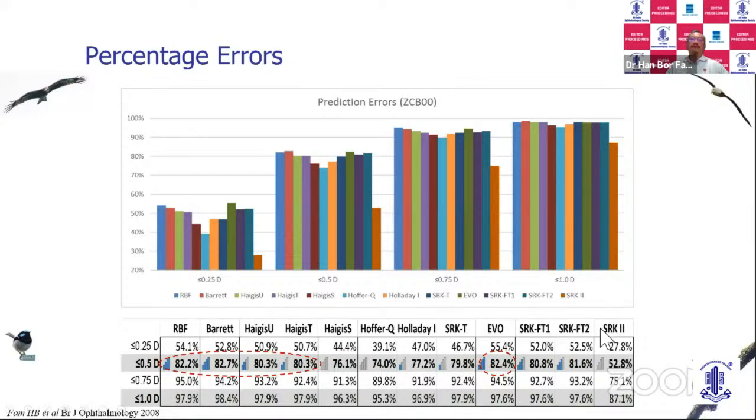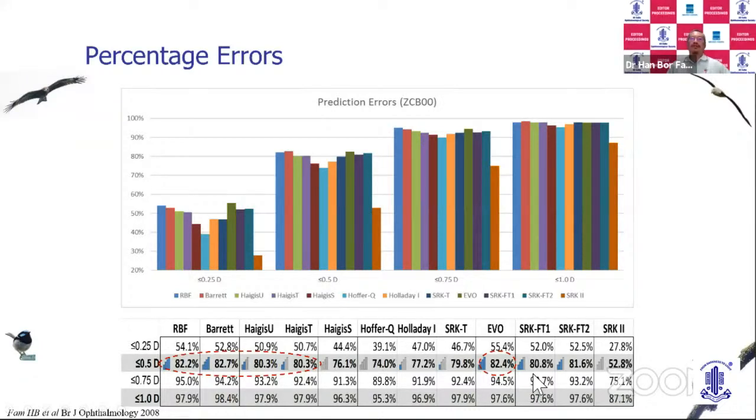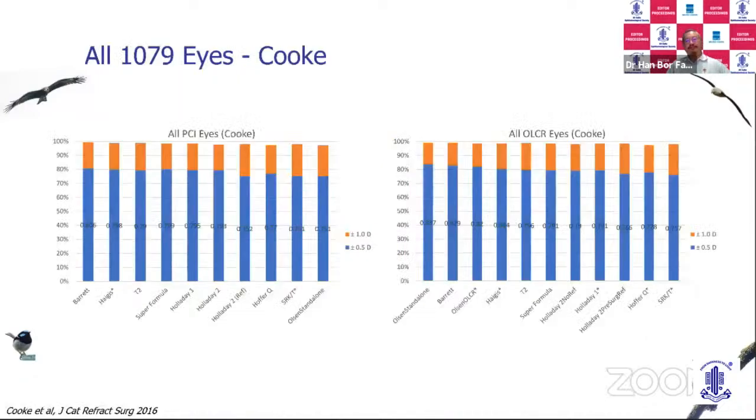The FT1 and FT2 are my own excellent adjusted, published in BJO 2018. These are now superseded by most of the newer formulas, but it's doing not too bad here. But what is clear is it is time to totally discard SRK2 because it is absolutely hopeless, and don't ever use SRK2 anymore, at least the message from here.